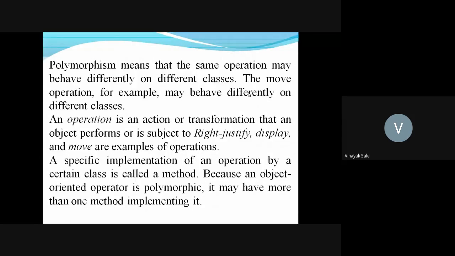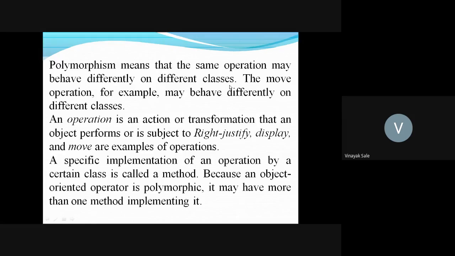An example: suppose my class is a shape. Shape contains vertices, sides, angles. So this is the same operation but behaves differently on different classes.